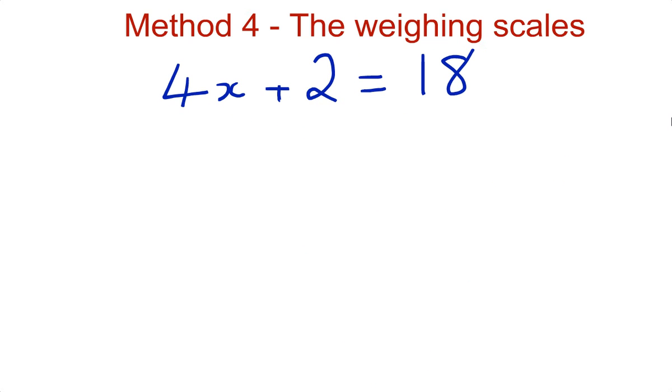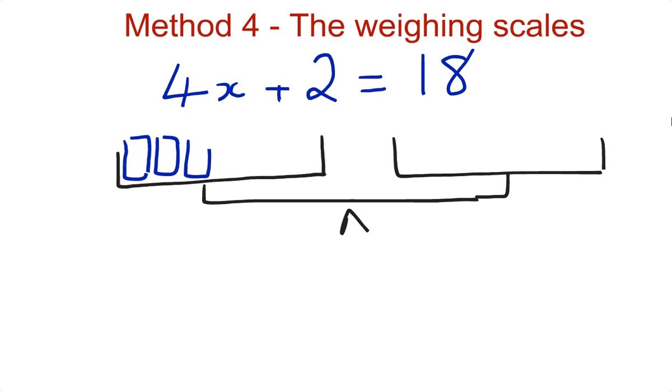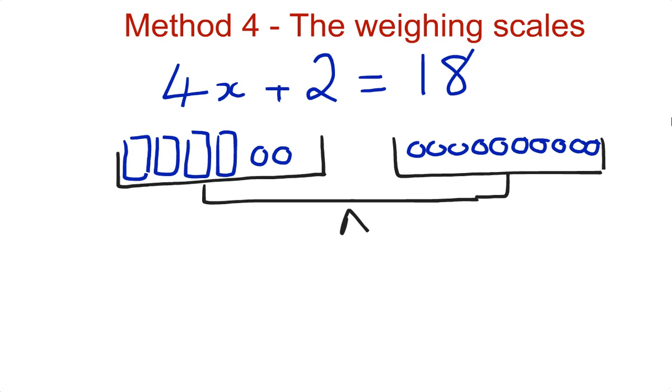So if you think about it being a set of scales, equally balanced, with boxes on one side and coins on the other, then it's quite easy to see we've got 1, 2, 3, 4 boxes and 2 coins. And on this side we've got 18 coins.